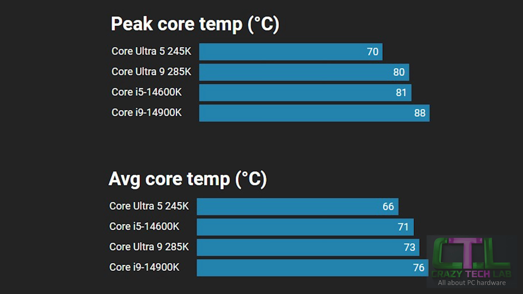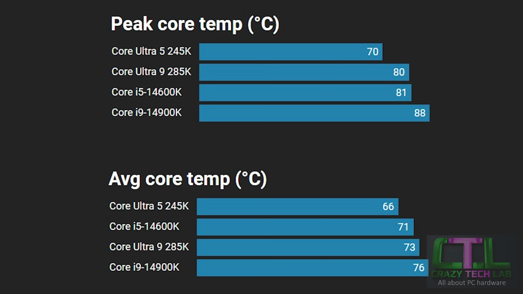There are usually a few cores that match up with the peak core temperatures. So even so, we do have the Core Ultra processors running a lot cooler than their i9 and i5 counterparts, as you can see in the graph. The 14900K, for example, has a peak temperature of 88 compared to just 80 for the Ultra 9 285K.